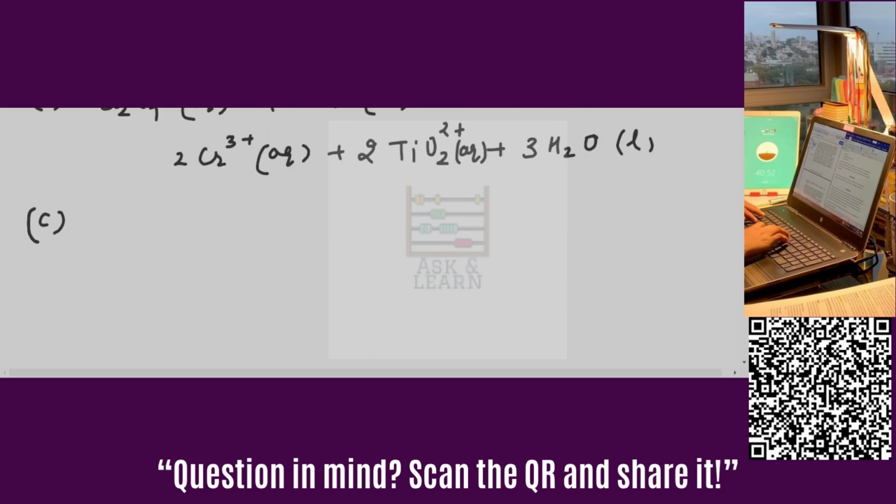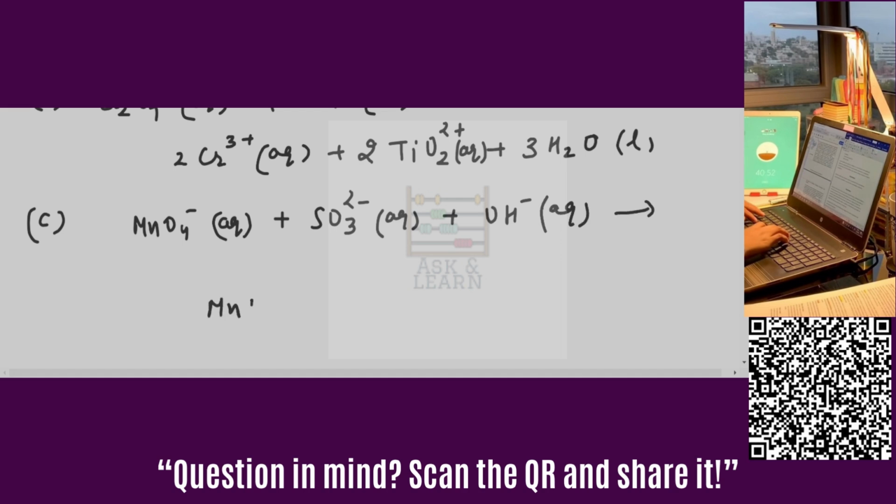So part C, that is MnO4 negative aqueous reacts with SO3 2 minus aqueous plus OH minus aqueous. The product formed from this reaction is MnO4 2 minus aqueous plus SO4 2 minus aqueous plus H2O liquid.